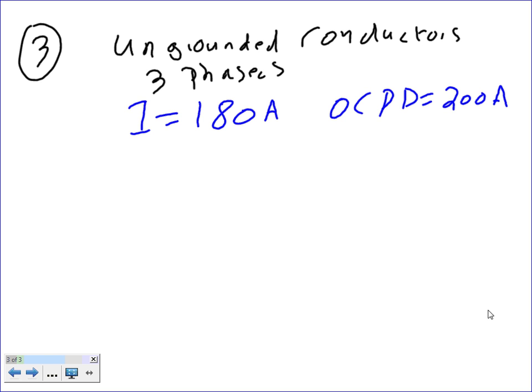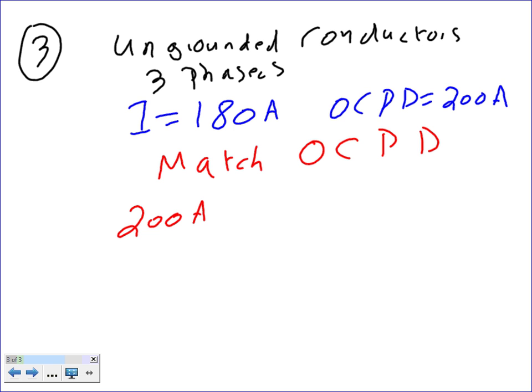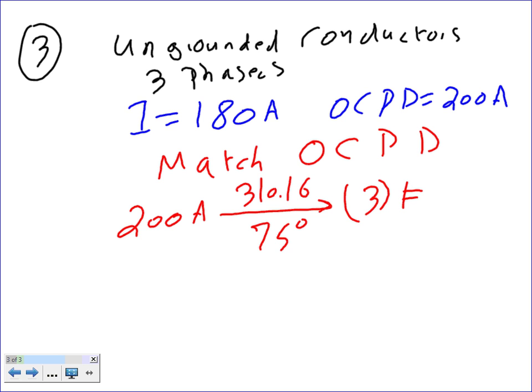So moment of truth, I want to say match the overcurrent protection device. So I have 200 amp. I'm going to take it to 310.16 under the 75-degree column. So I have 3 conductors. What size? 3 aught.